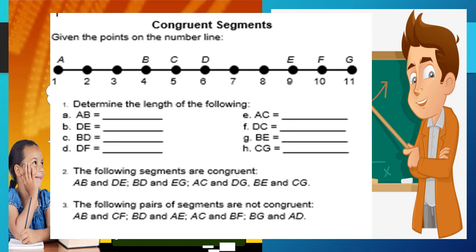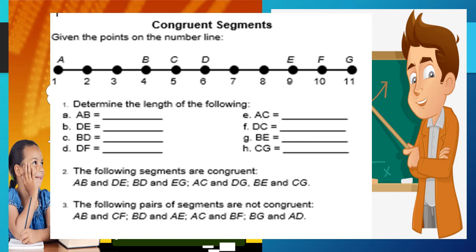So that is 4. How about DE? So that is 3. How about BD? BD, that is 2. DF, 1, 2, 3, 4. So DF is 4. How about AC?